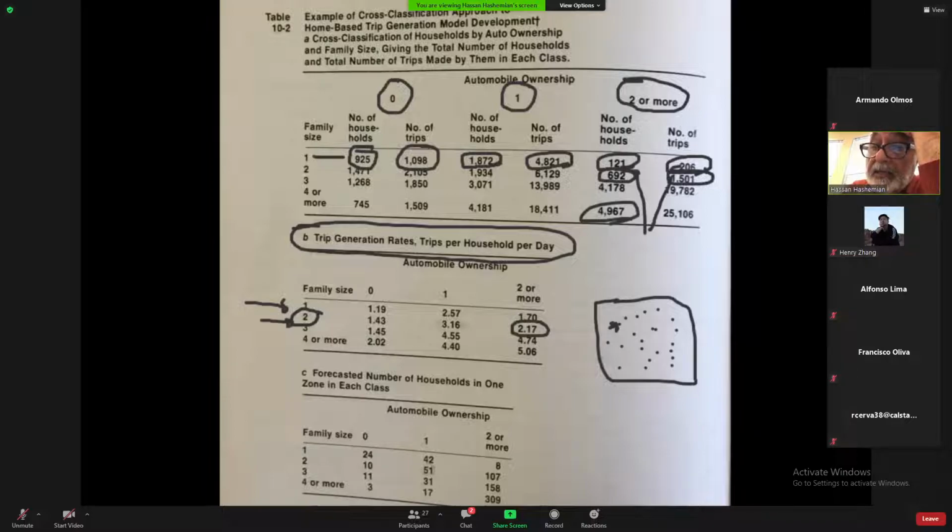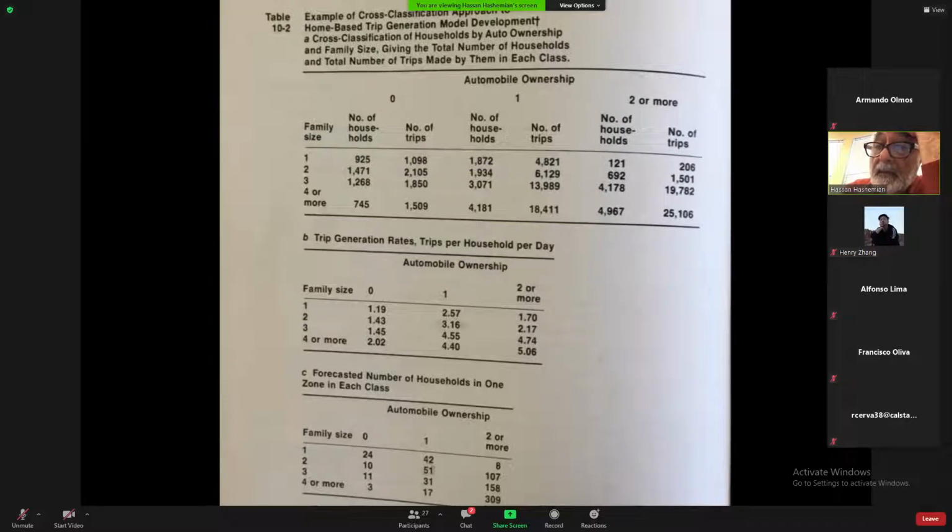Let's assume we have a development or a zone where we know the family size and the number of households in that zone. If we know the households in each of these categories, we can forecast how many trips they're going to make.